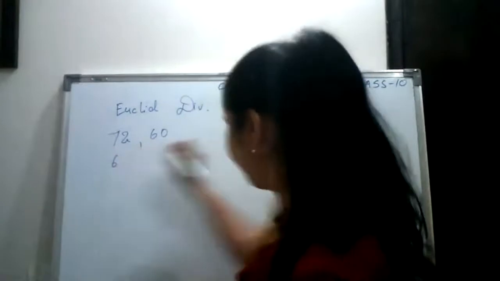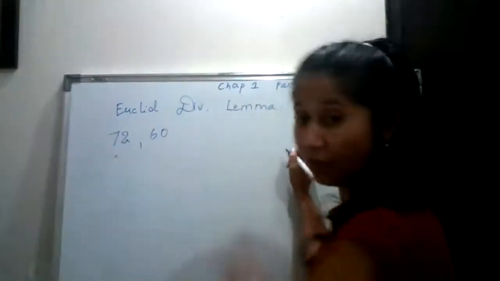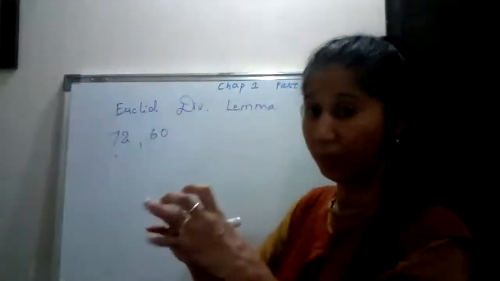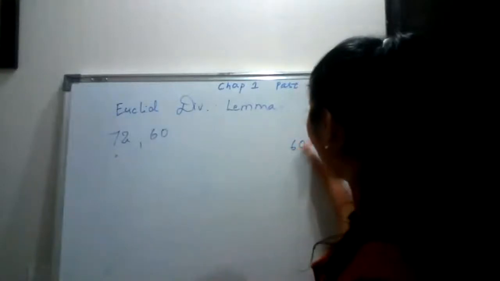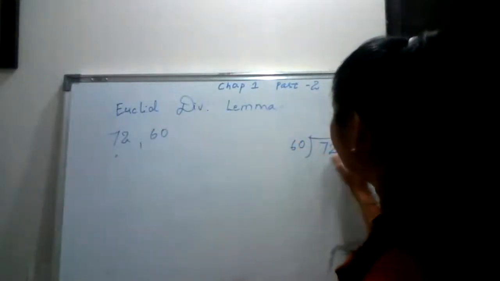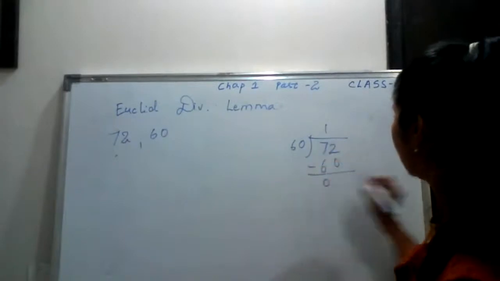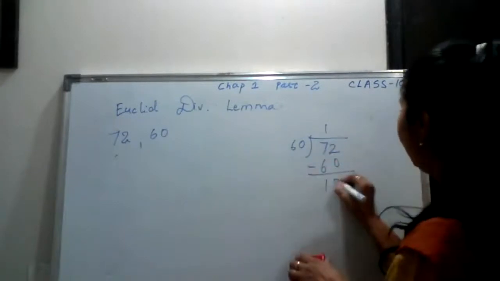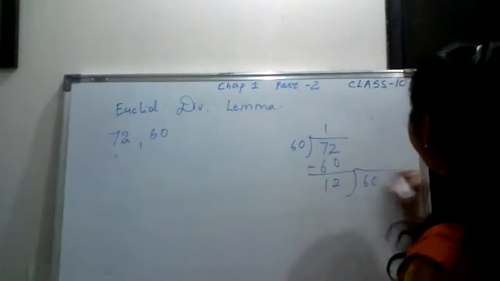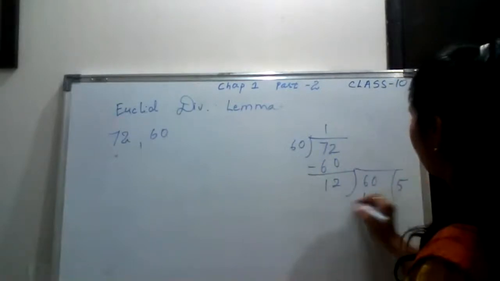So 60 divides 72. This is a working column, not the actual part of the sum. So 60 into 1 is 60, and the remainder is 12. Now 12 into 5 is 60. You remember the step?